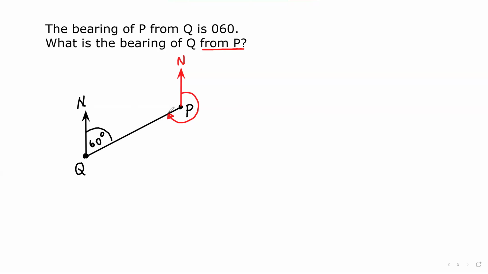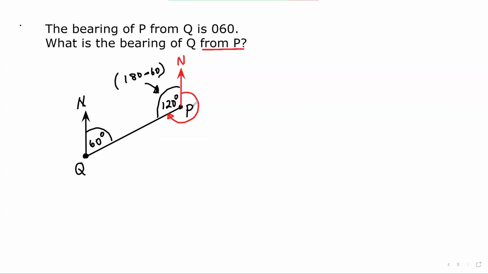That would be the bearing of Q from P. So using my rule that the angles between the north lines and this line QP will add up to 180, this angle here will be 120 degrees, since this is 180 minus 60. Right? 60 plus 120 gives me 180. So that's how I got this angle.